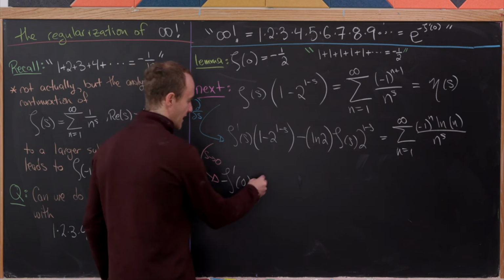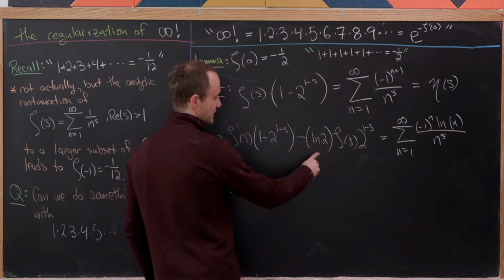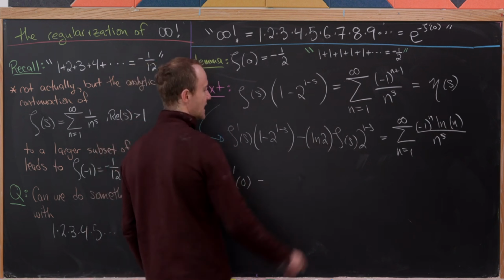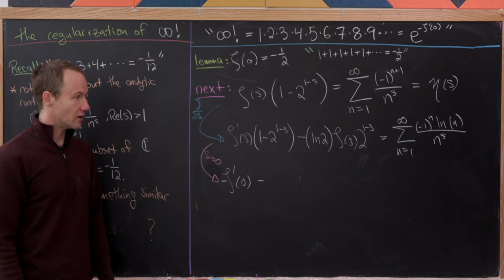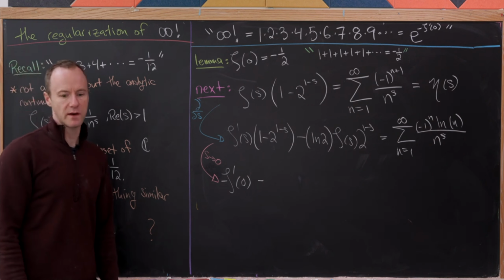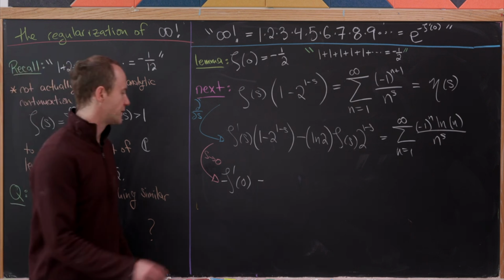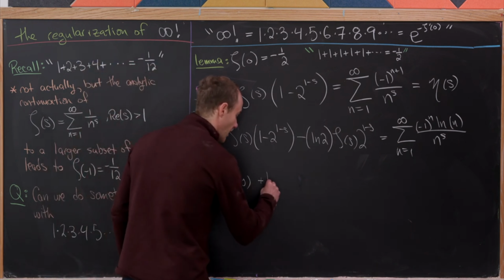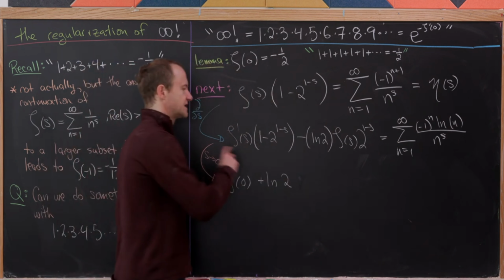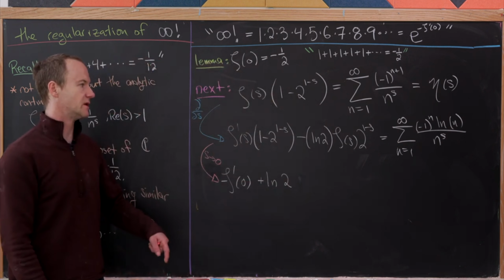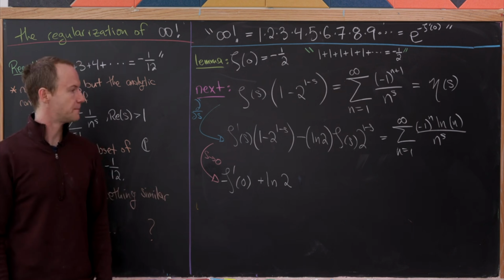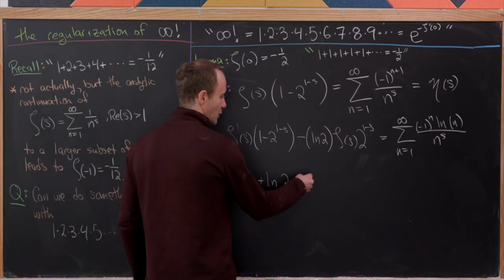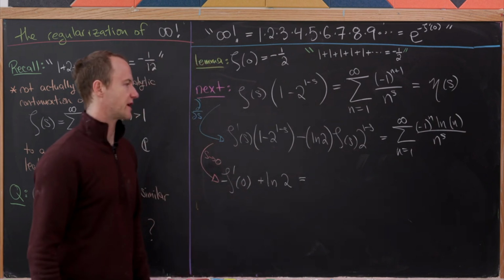And then we'll have minus natural log of 2 times zeta evaluated at 0 times 2 to the 1 minus 0. So in the end, that's going to give us a plus natural log of 2 because of the cancellation that occurs from zeta of 0 and, well, 2 to the 1.